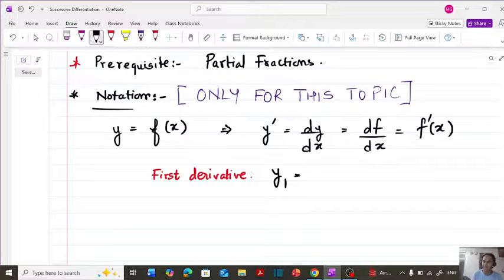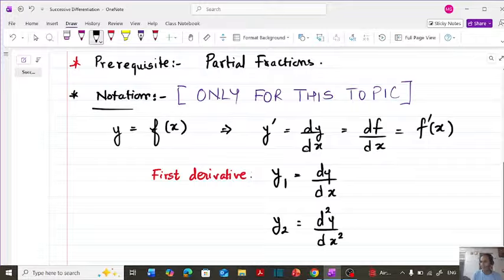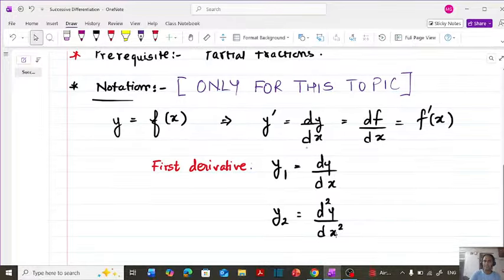The second derivative, which is d2y by dx square, you now have y2 as the second derivative. That's how the notation gets developed in this topic.